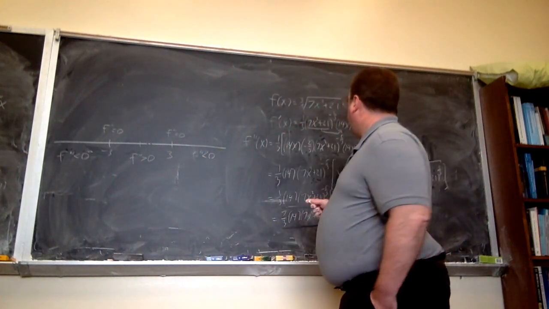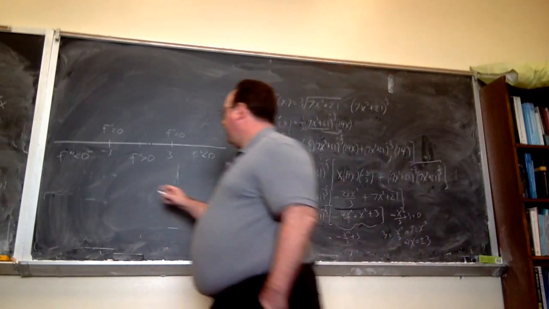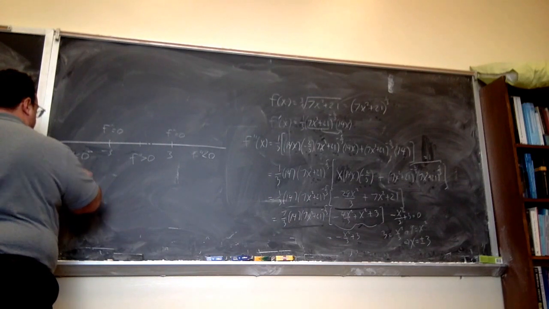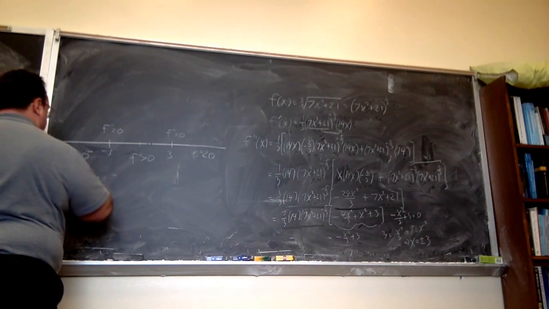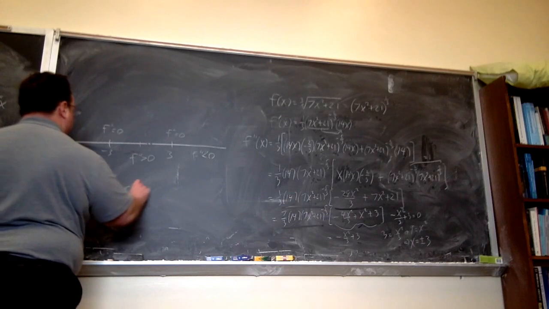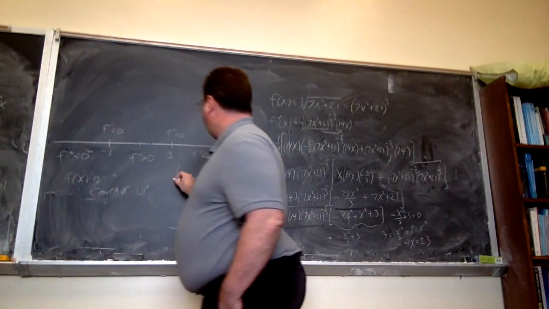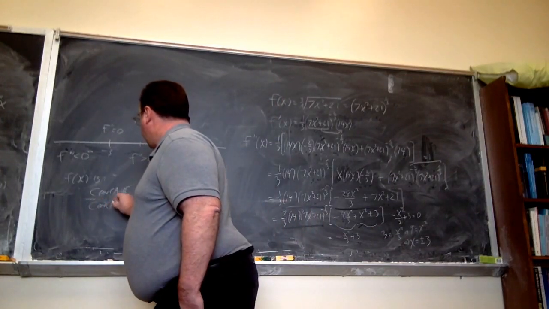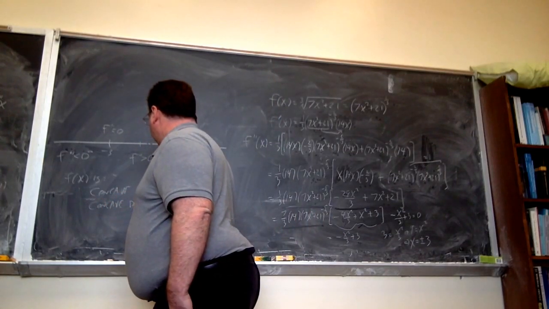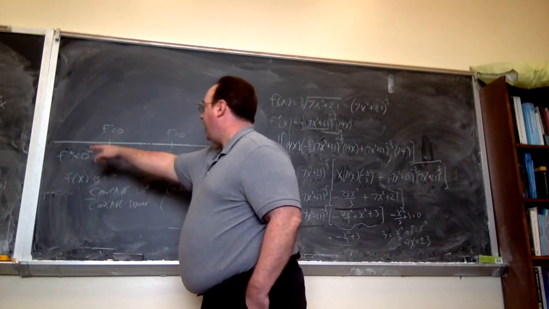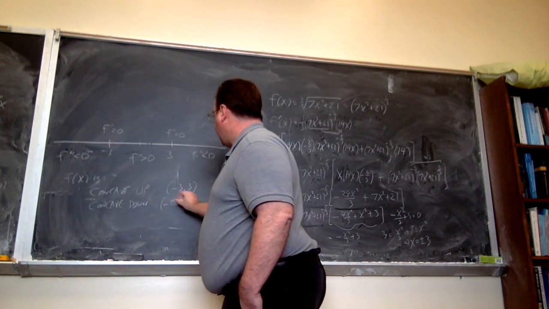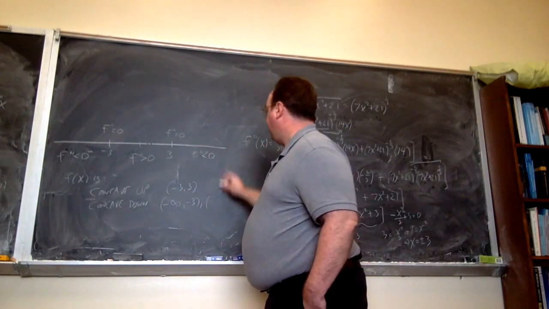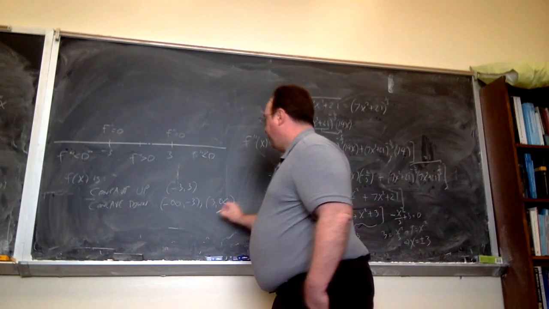So we can conclude that the function is concave up on the interval minus 3 to 3, and concave down on this interval, for x less than minus 3, so minus infinity up to minus 3, and this interval from 3 to infinity.